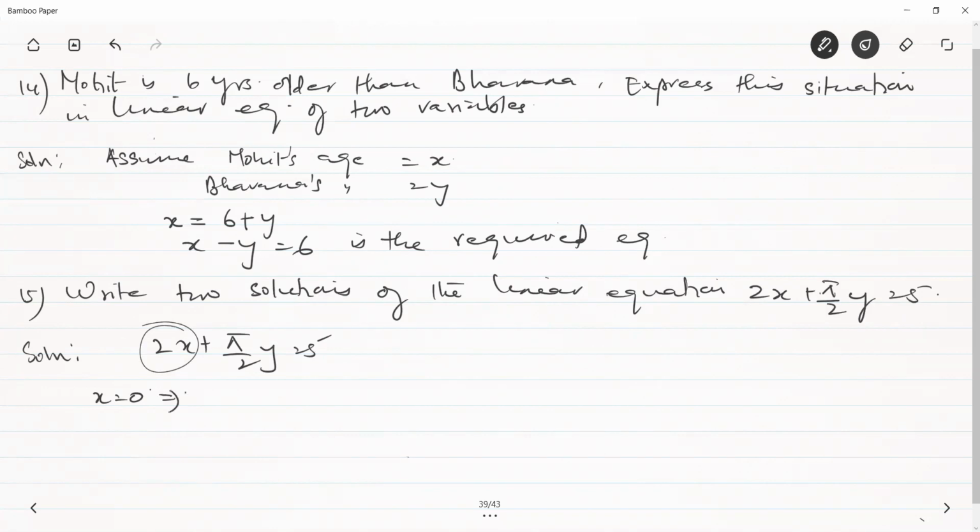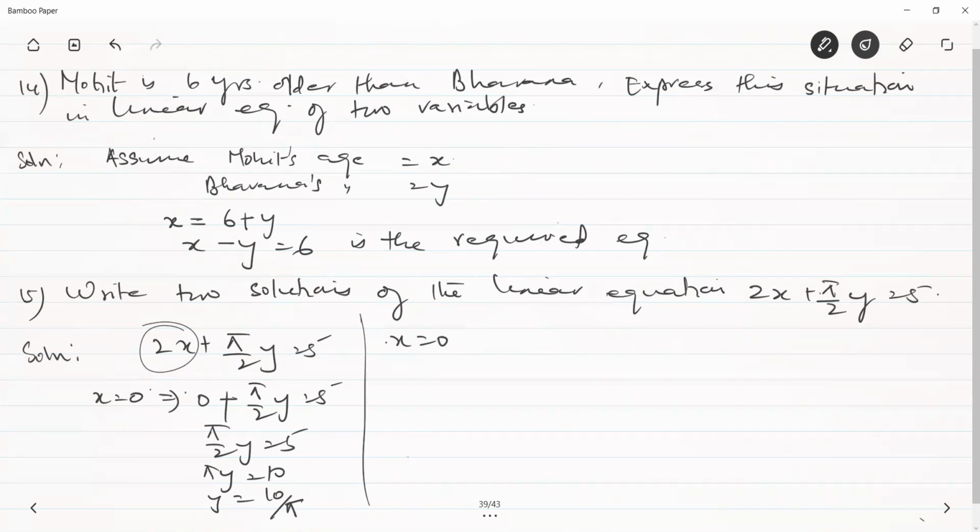So pi/2 y is equal to 5, or pi y is equal to 10, or y is equal to 10/pi. So when x is 0, y is 10/pi. So 0, 10/pi is the solution.